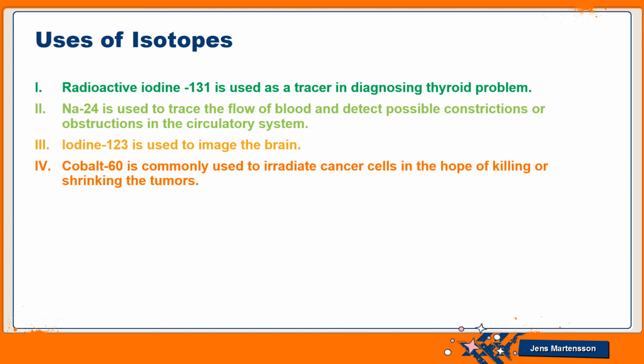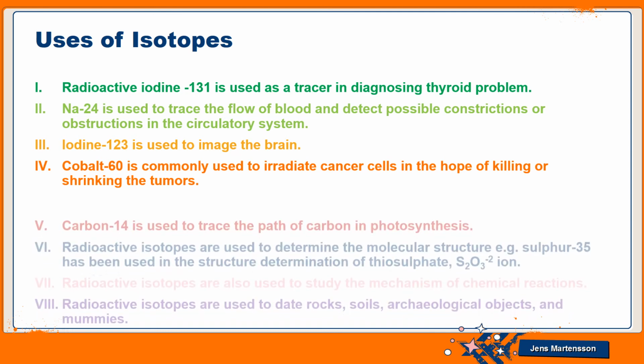Iodine 123 is used to image the brain, and cobalt 60 is used to irradiate cancer cells in the hope of killing or shrinking tumors.